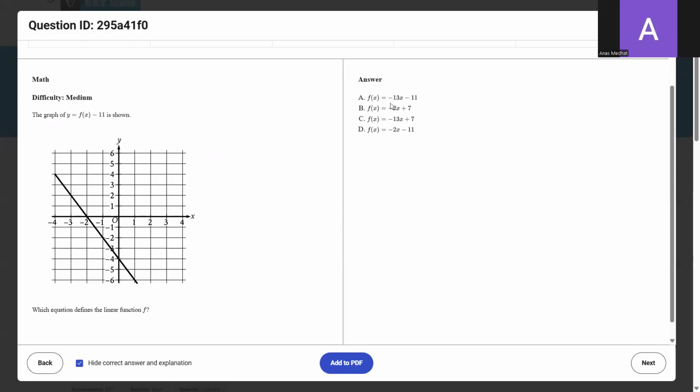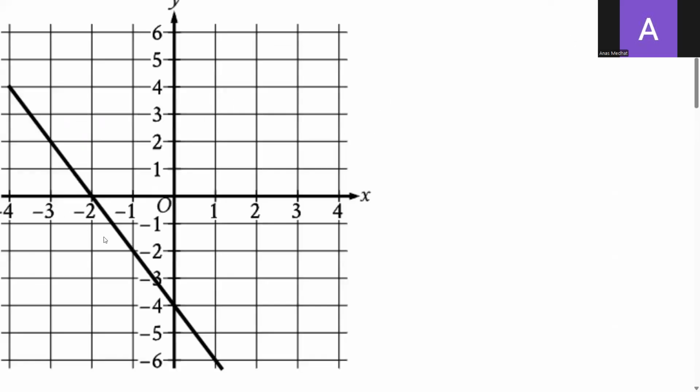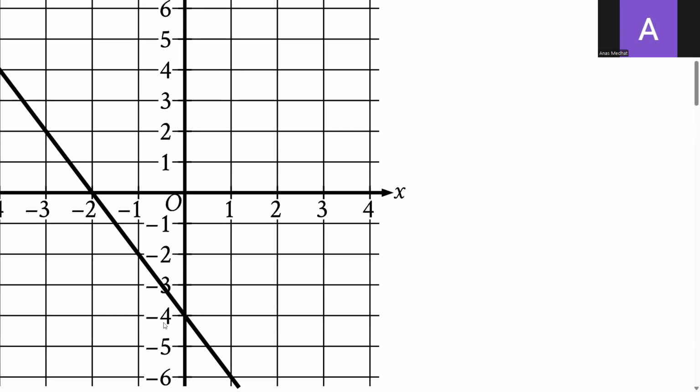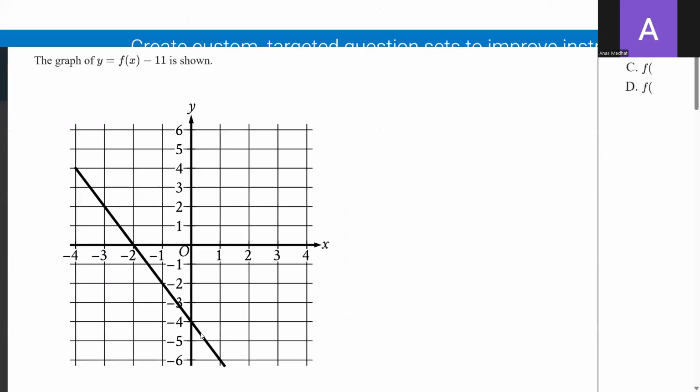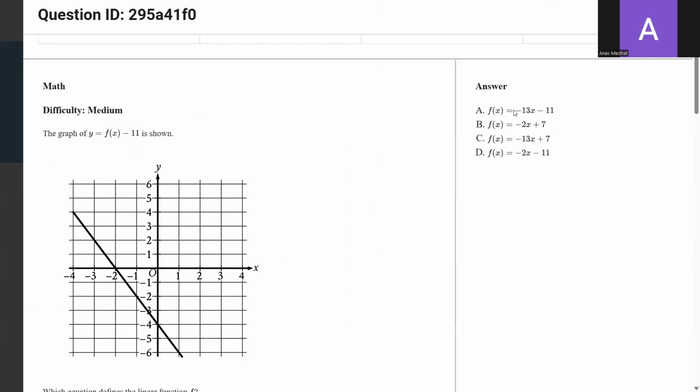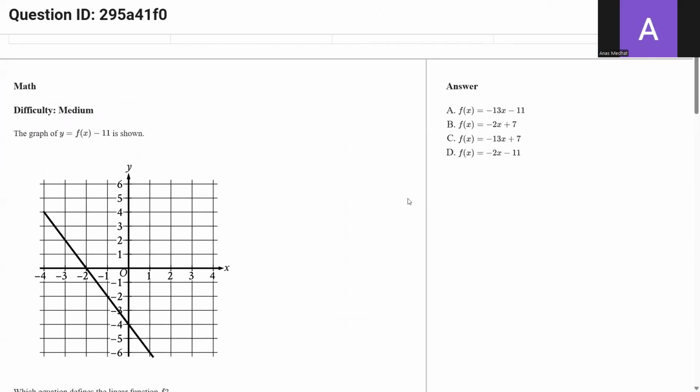The y-intercept here is minus 4, so the y-intercept should be minus 4 for the equation. Let's test each answer and subtract minus 11 from each one. If we get the intercept at minus 4, then this should be the correct answer. For this one and this one, if you subtract minus 11, you will not get it. So the answer is either B or C.